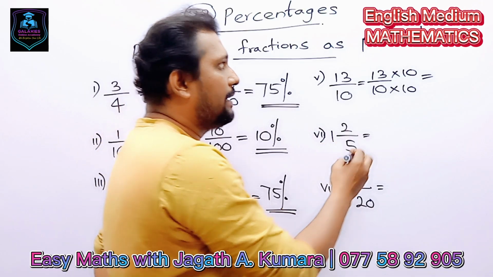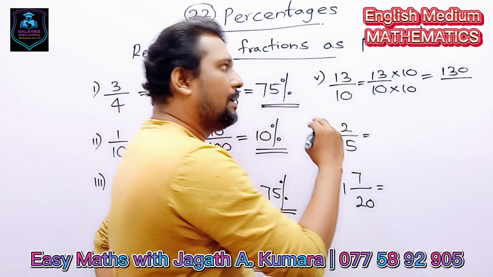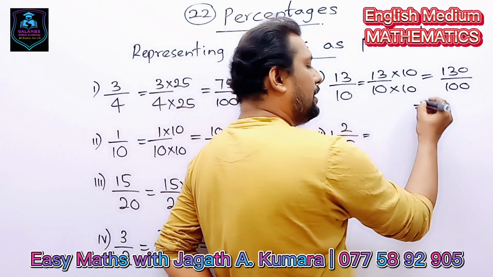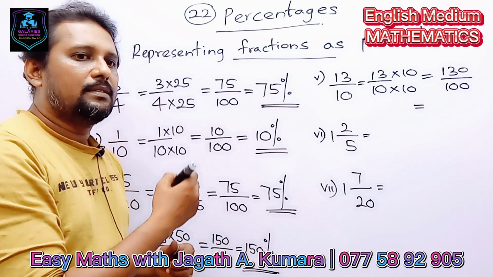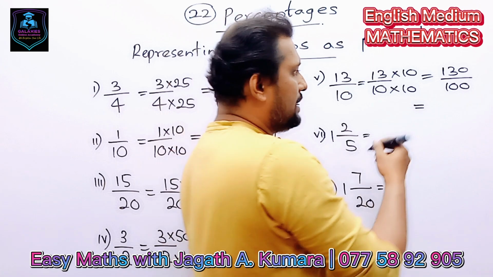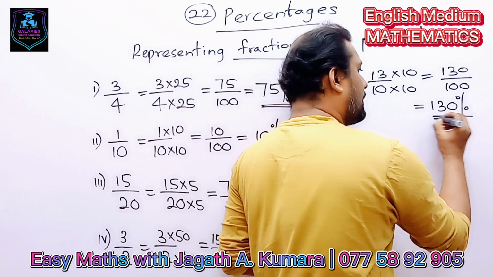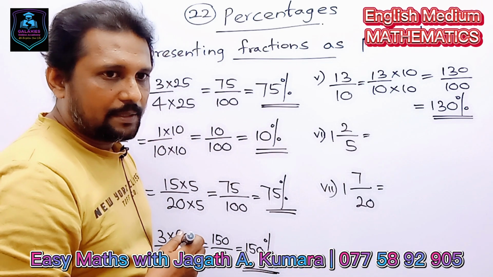Then 13 multiply 10, 130. 10 multiply 10, 100. Then the value is 130%. So the fifth one answer is 130%.